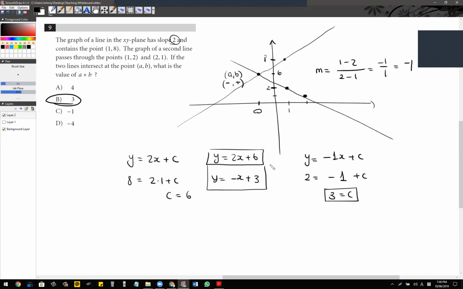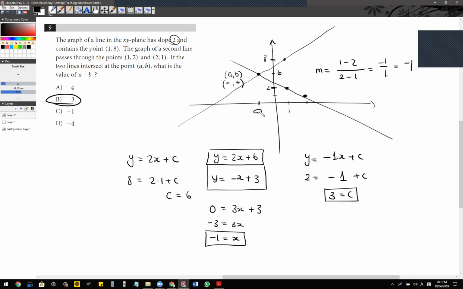You can solve this simultaneously. So I'm going to do y minus y, which is 0. 2x minus negative x is 3x. 6 minus 3 is 3. So negative 3 equals 3x, so x is equal to negative 1.